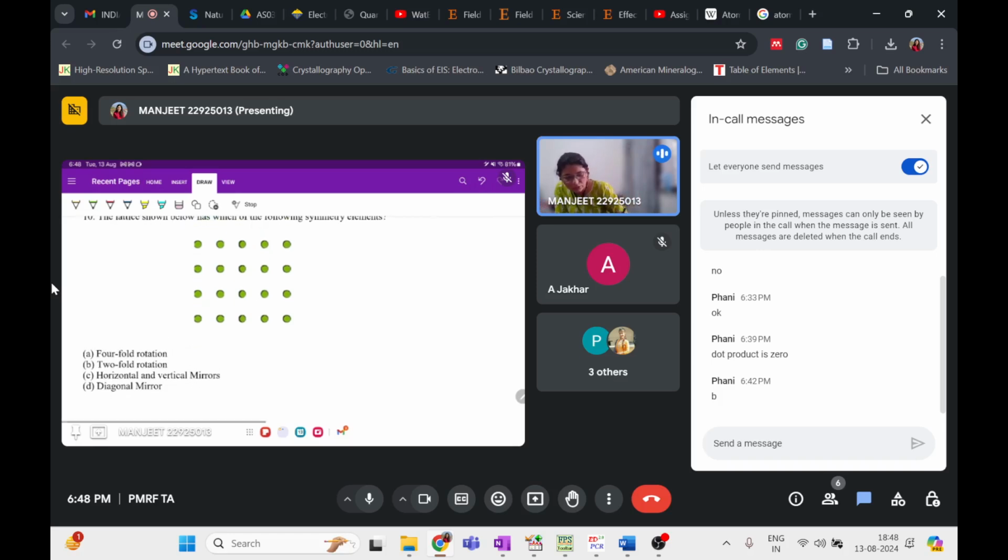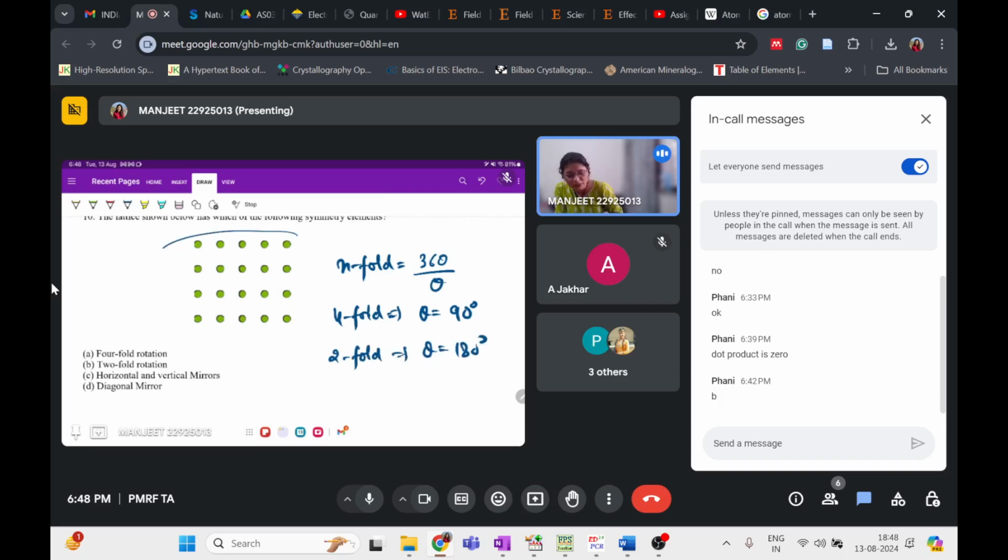So you all know that we already discussed n-fold is equal to 360 by theta. For the four-fold, theta will be 90 degrees, if I rotate basically 90 degrees. Two-fold is when theta is equal to 180 degrees.